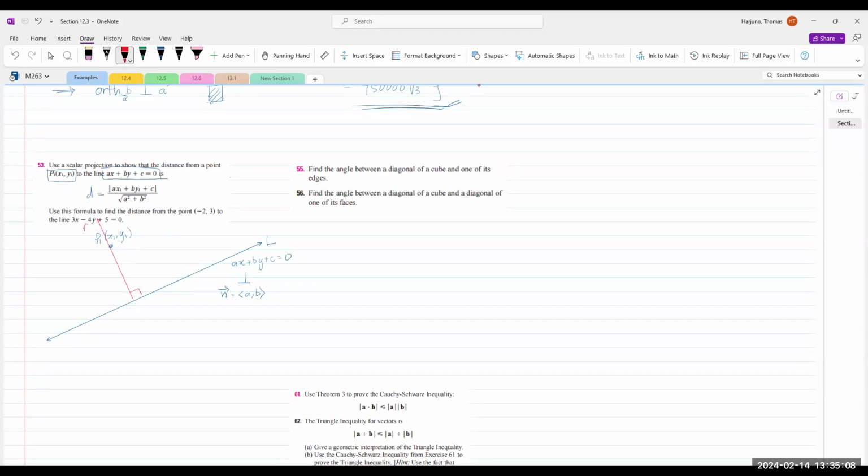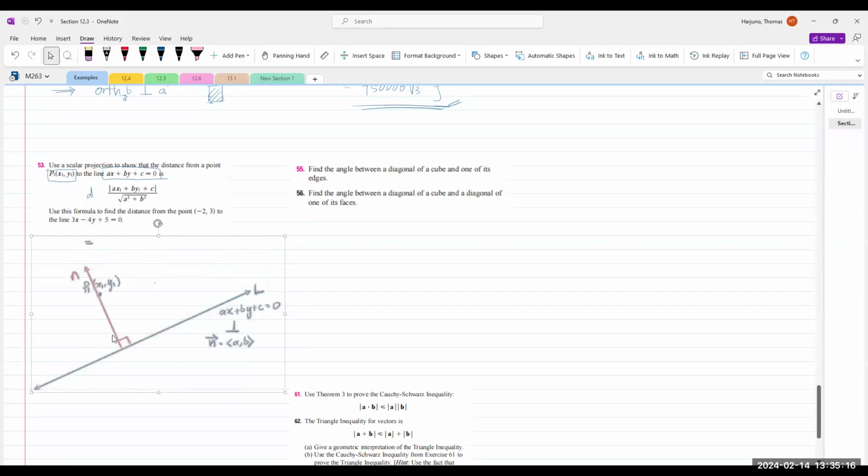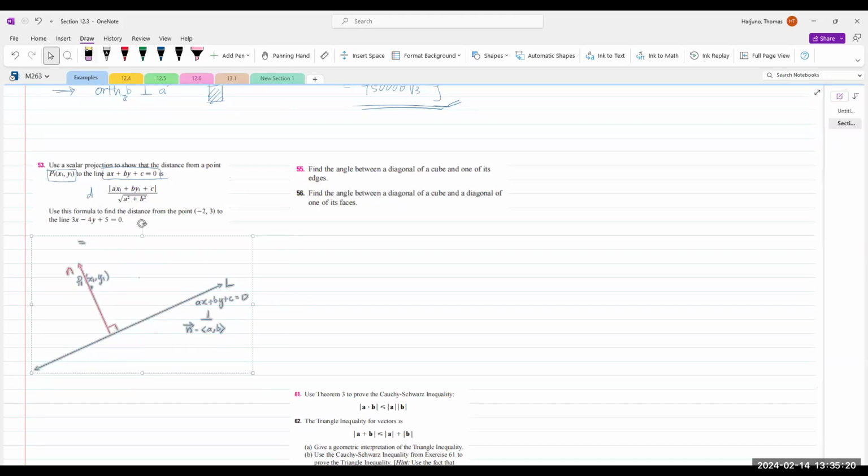Call this vector N. Now we want to find this distance here. We want to find that distance.